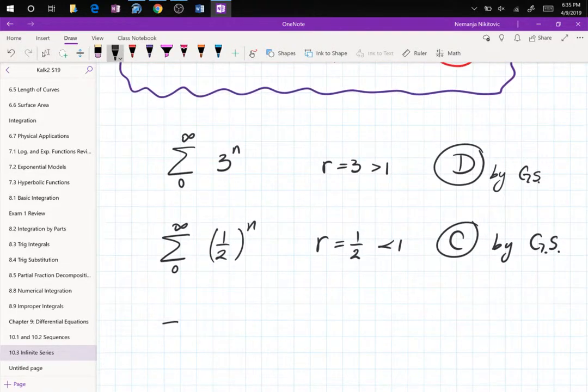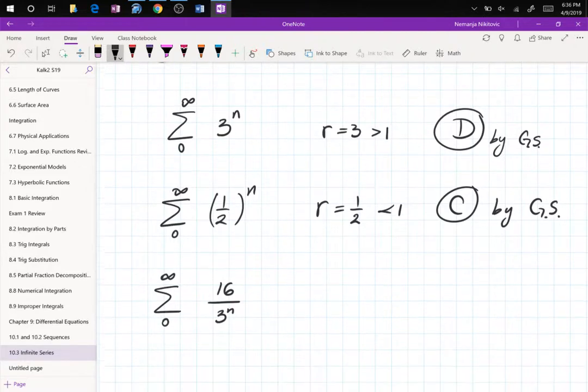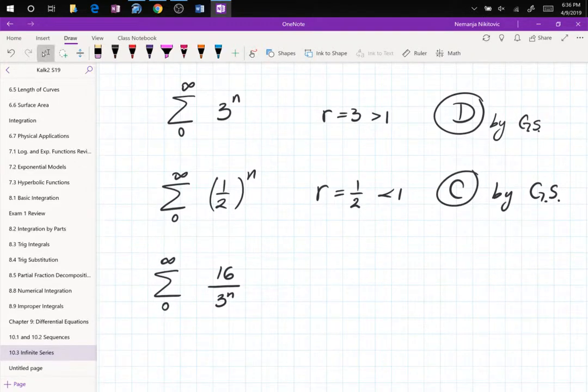Let's take a look at summation of 16 divided by 3 to the n from 0 to infinity. All right, well, you gotta massage this one a little bit, because you see that n is only applied to a 3, has nothing to do with 16. So that means that I can write this as 16 times 1 over 3 to the n, 0 to infinity.